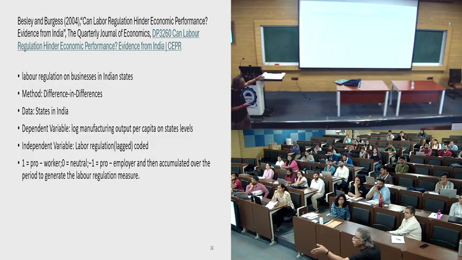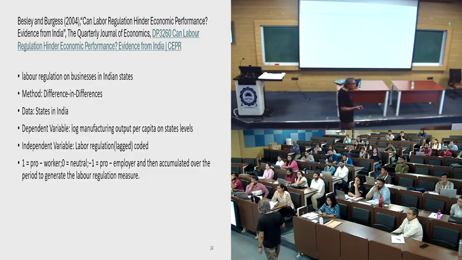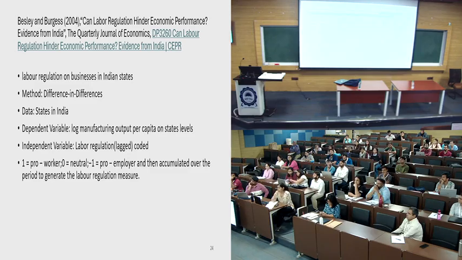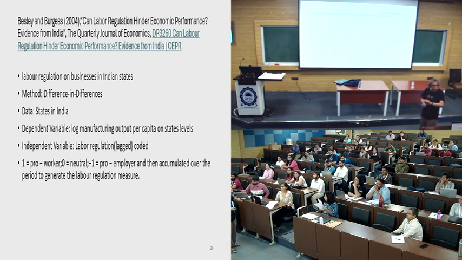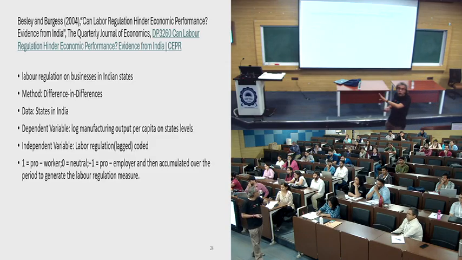Pro worker, neutral, and pro employer, where West Bengal, of course, was pro worker. Some states were zero, neutral, and some states were anti worker or something like pro employer. And then they accumulated over the period to generate a labor regulation measure. But here they have allowed for different types of trends, right, or group specific trend, because why? A pro labor state can follow a trend which is different from the neutral state, which is different from the pro employer state, right?